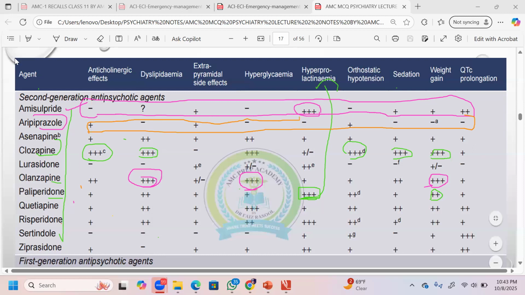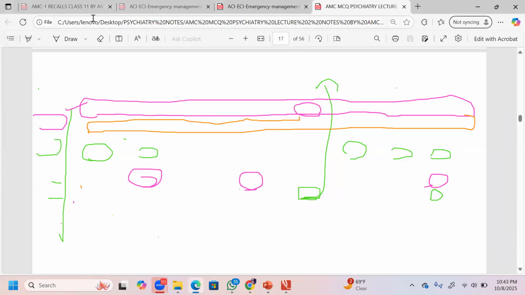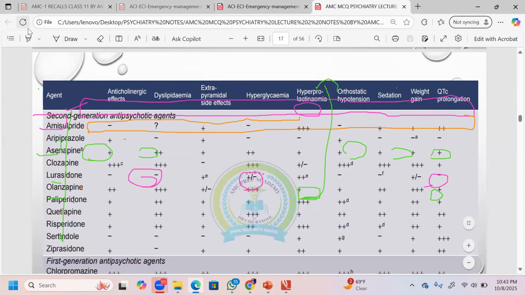So, just for your understanding, these are the important side effects you have. Okay, doctor. Clozapine is important, olanzapine is important from the exam point of view, risperidone is important, aripiprazole.